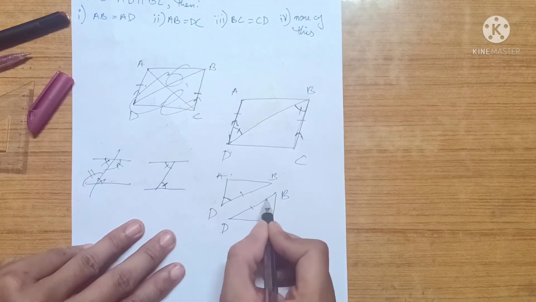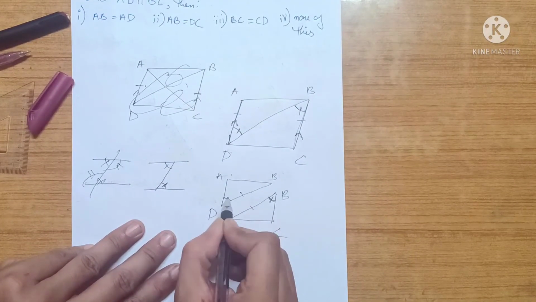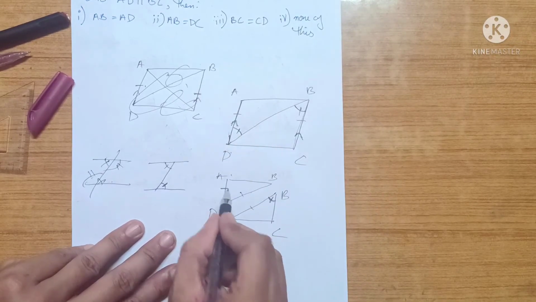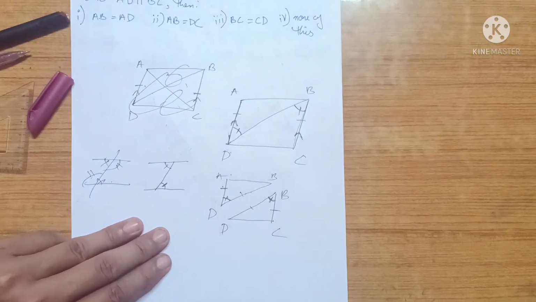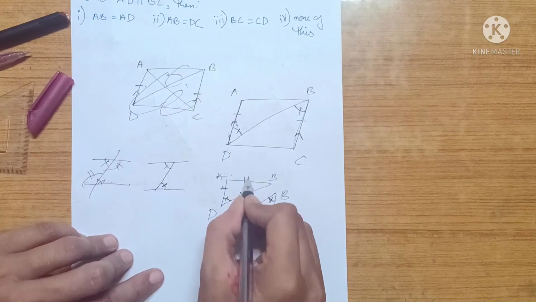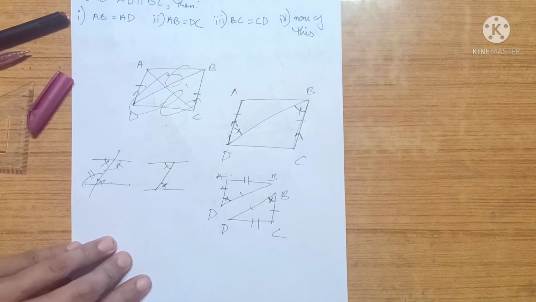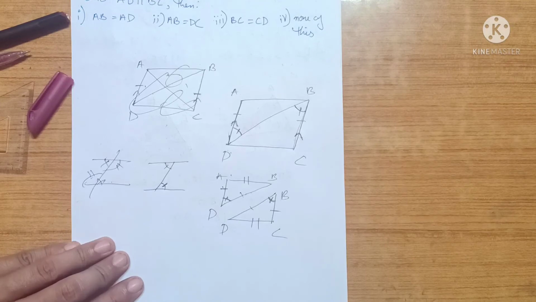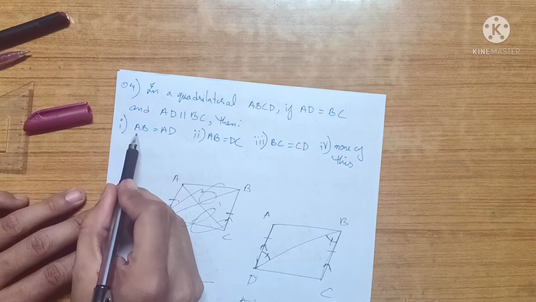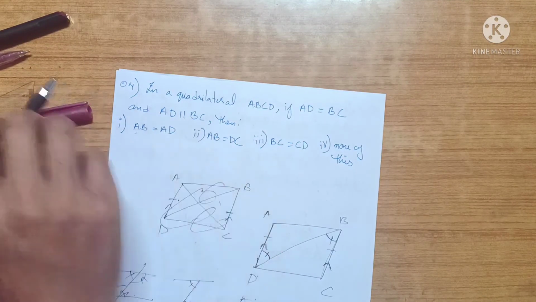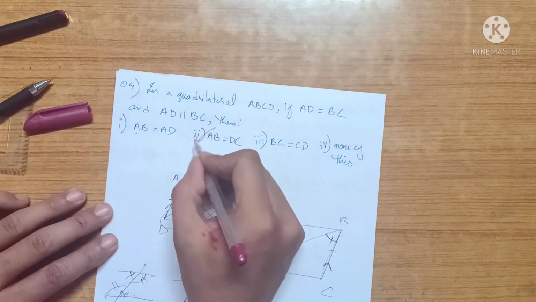We just showed that this angle and this angle are equal, alternating angles, and then this side and this side is equal. So by SAS we can say that these two triangles are congruent. If these two triangles are congruent, we know that this and this will also be equal. AB equal to CD. So AB equal to DC.